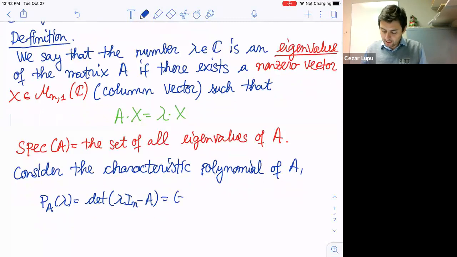You can write this as -1 to the n times the determinant of A minus lambda times the identity.